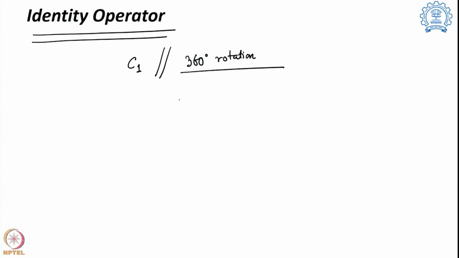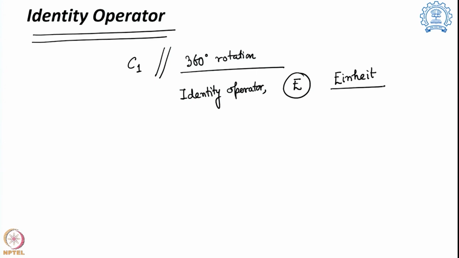And over here we basically leave the molecule as it is, and this is known as the identity operator, and this is defined by this term E. This term E comes from the German term Einheit, which means unity.